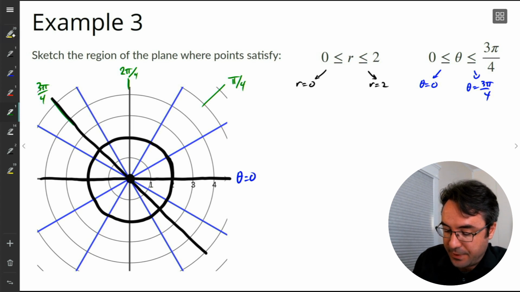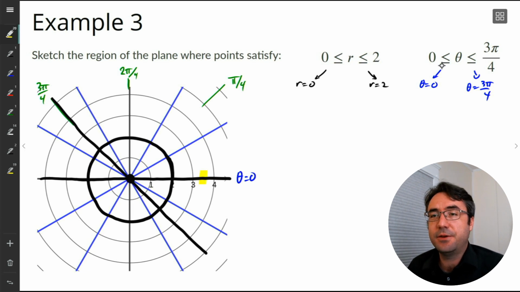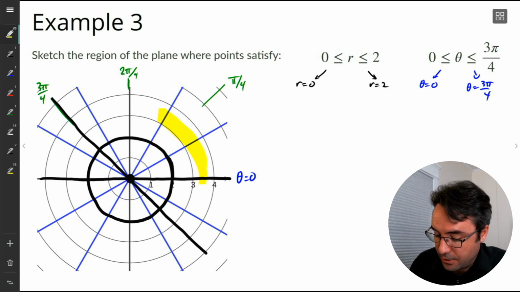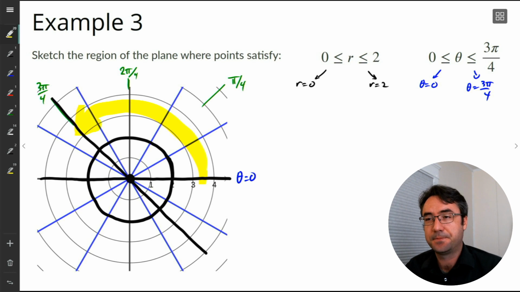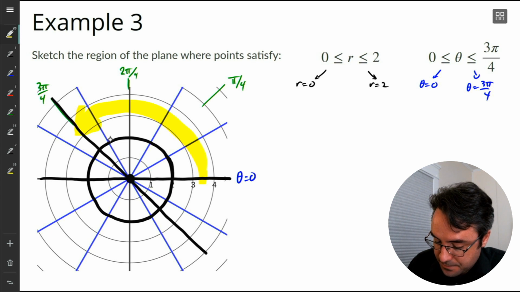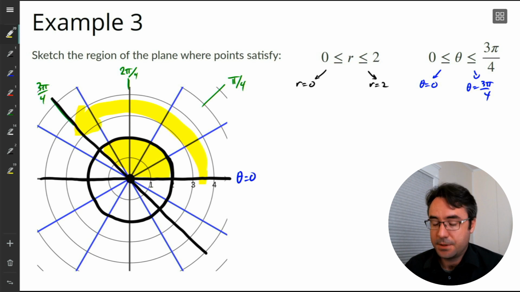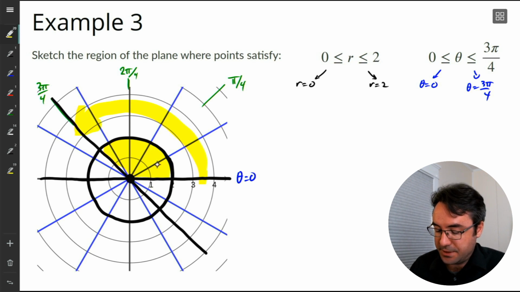So when we think about that, theta equal to 0 is kind of like our starting theta value, and theta equal to 3 pi over 4 is our ending theta value. So we're going around the circle like this, and we want to look at all the points that have a radius of at most 2. So when we shade this in, it's this region right here.